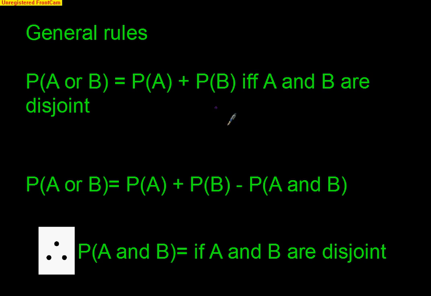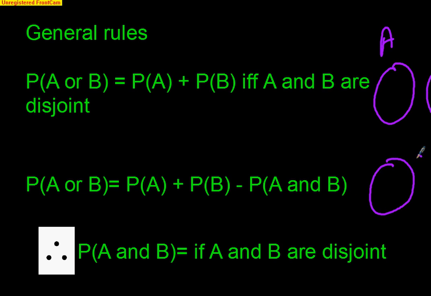So let's say that we don't have a disjoint event, or we're not sure. P of A or B is equal to P of A plus P of B minus P of A and B. Maybe a Venn diagram would help with this. When they're disjoint, A and B have nothing in common. Here, there's some stuff in the middle.